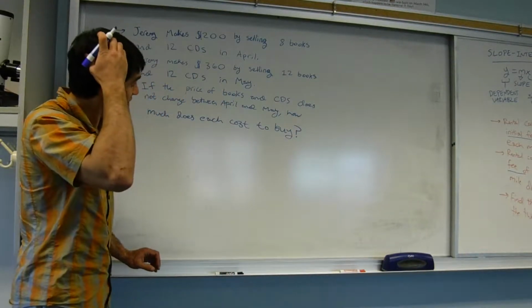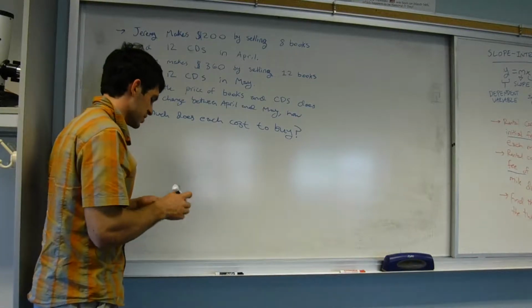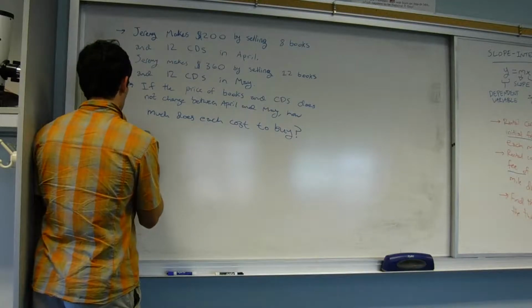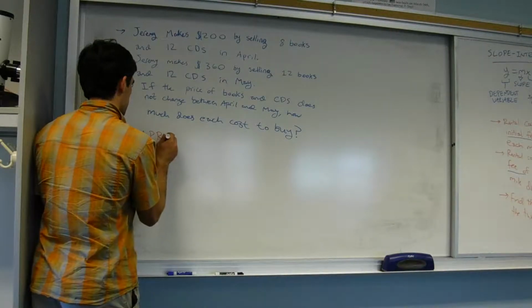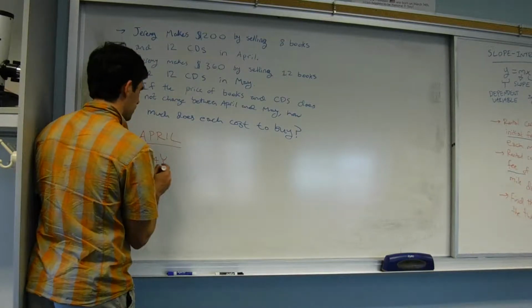So you notice in this case, we're again going to have two equations. We're going to have an equation for April, and we're going to have an equation for May.